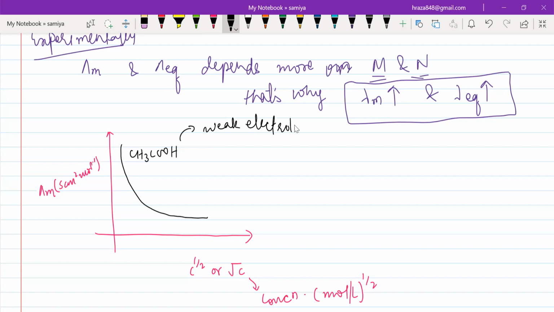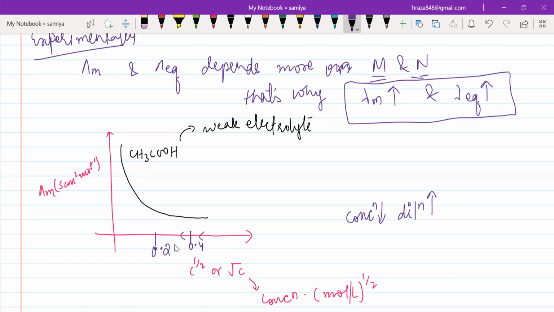You have to study this graph from right to left, because if you are going from 0.4, just suppose this is 0.4 and 0.2. If I'm telling you that dilution increases, that means concentration decreases, yes or no? Yes. So on the x-axis it is concentration.